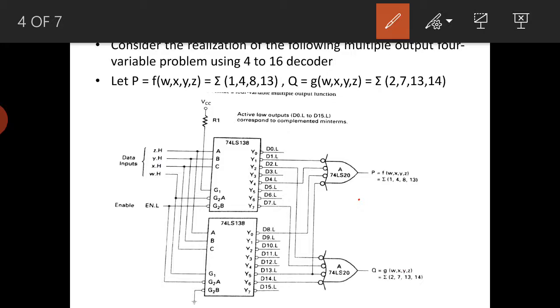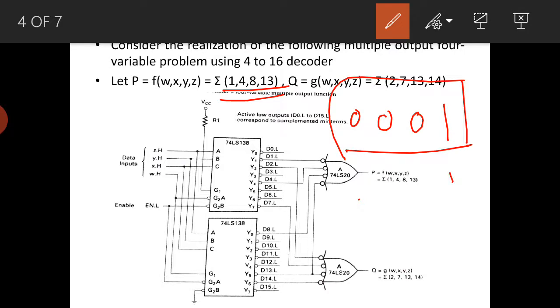Now we need to check whether for minterm 1, that is 0 0 0 1, we get the output as 1.